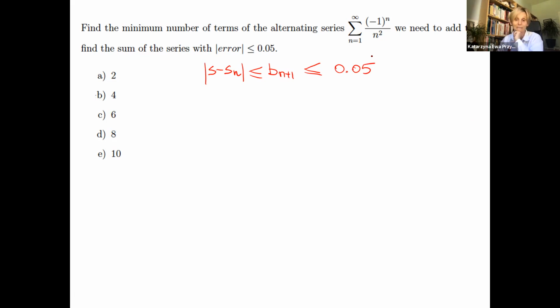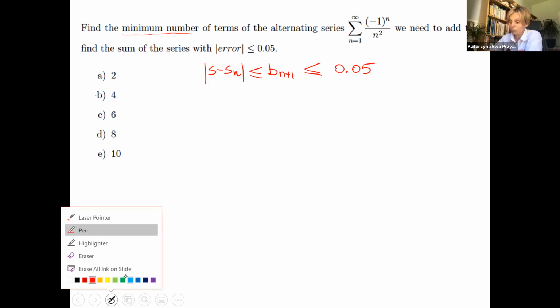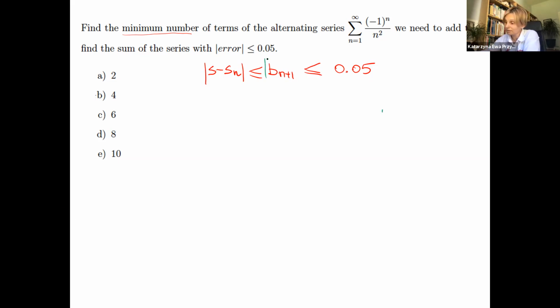And we're looking for that number n. But please notice, we're looking for the minimum number of terms. What is also important, we're looking for n, not for n plus 1. Since we will not compute the sum, we can focus on this one.